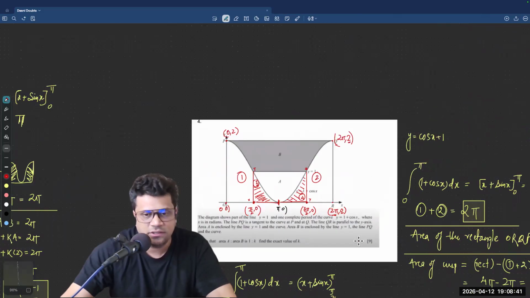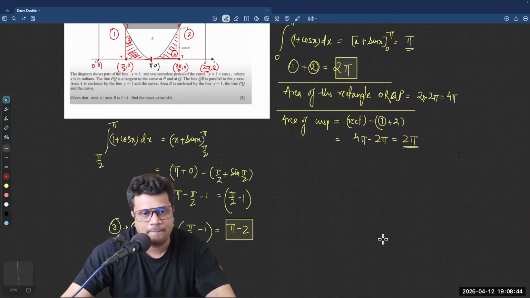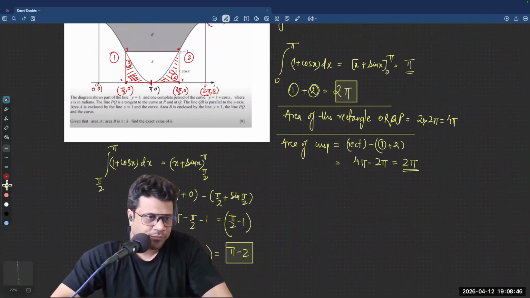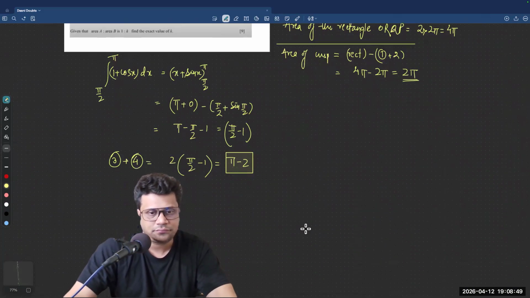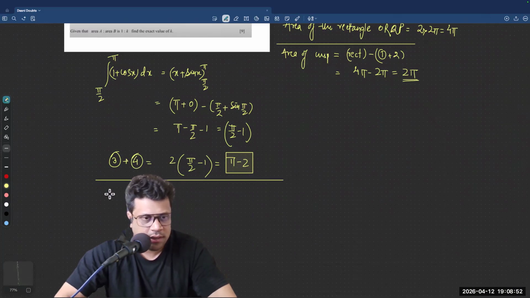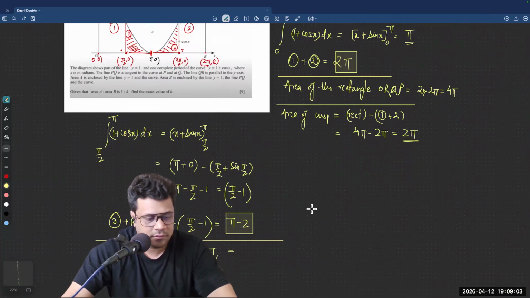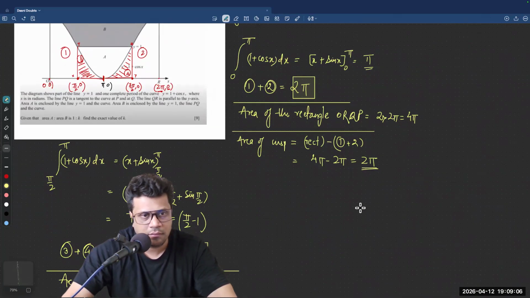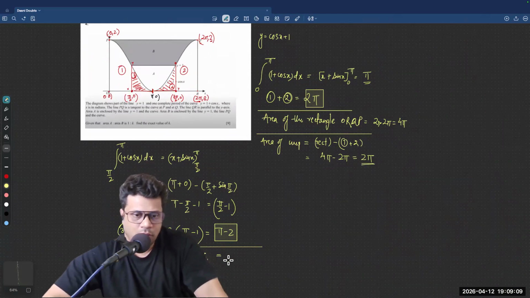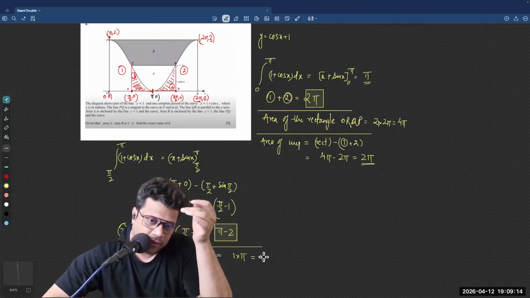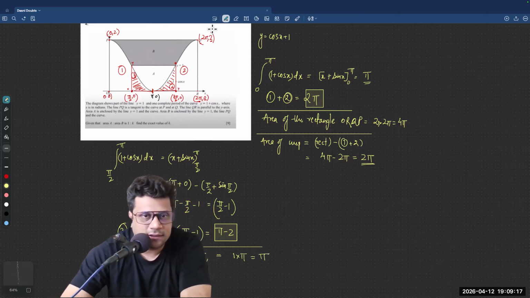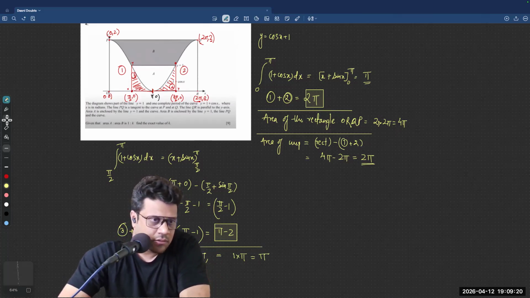Okay, so that box has an area of the rectangle x, y, z, t, which is 1 on the height and pi on the breadth of it. It's pi. So what is this cusp going to be? This one.